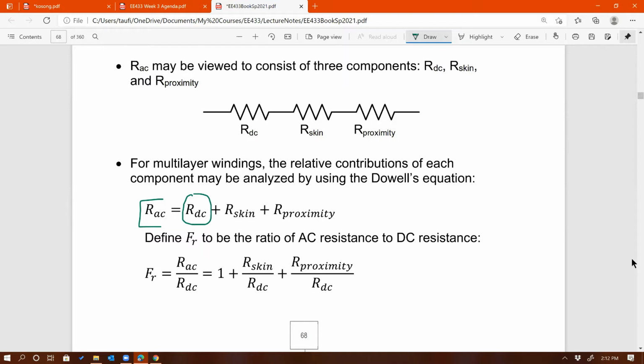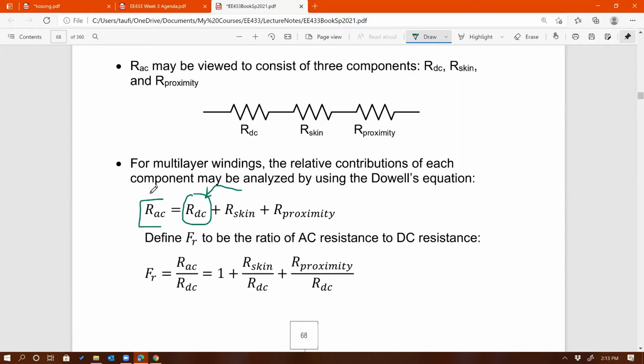Just place an ohmmeter across it. Exactly. Yes, just use the ohmmeter. You put an ohmmeter across this wire, and then you get this resistance. But guess what? That ohmmeter is actually only measuring DC, and that's what people typically do when they measure wire resistance. They measure DC resistance because they just use a simple ohmmeter.